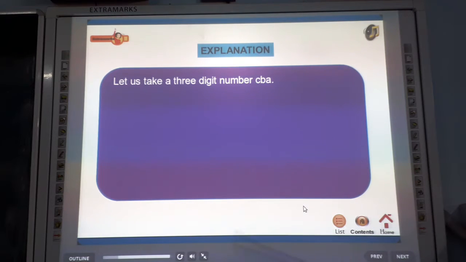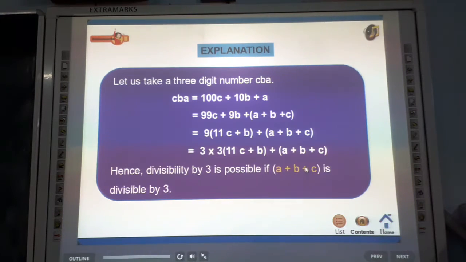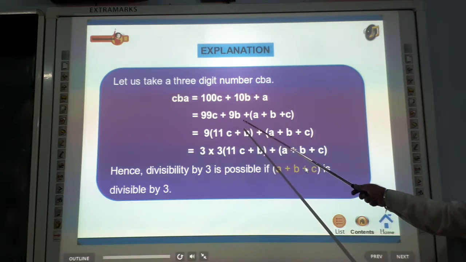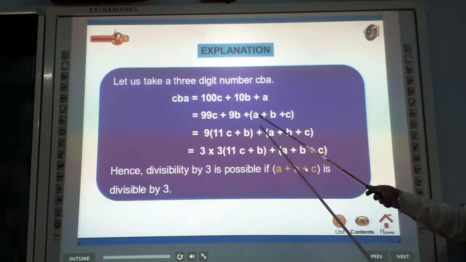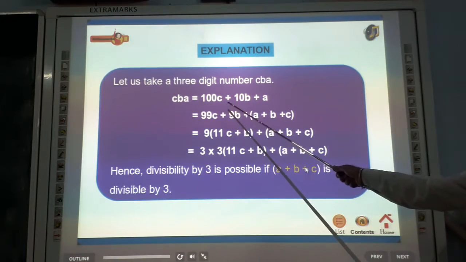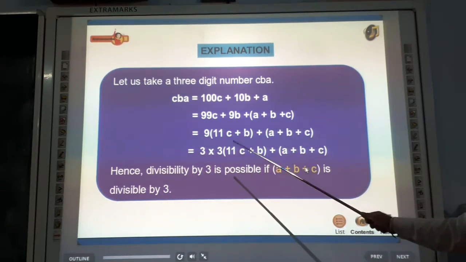A 3-digit number taken as CBA will be 100C plus 10B plus A. Now it is written as 99C plus 9B plus, in the bracket, A plus B plus C. 1C from 100C and 1B from 10B is taken out, and this A is added.